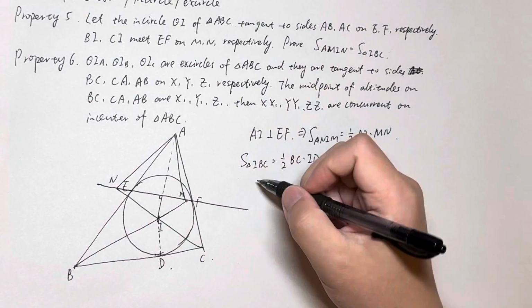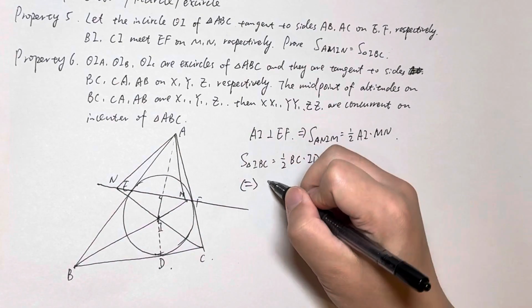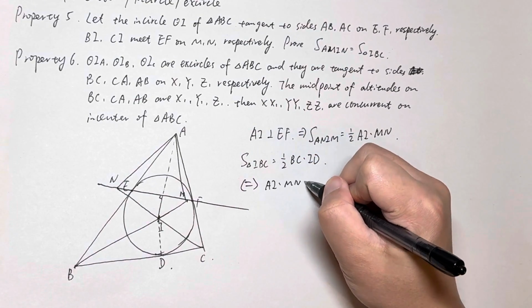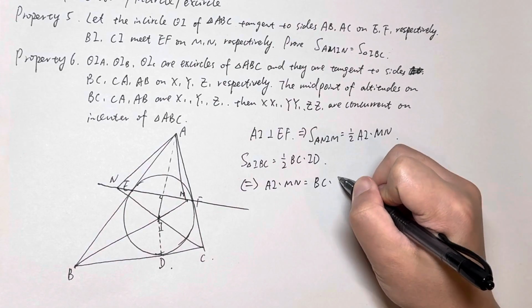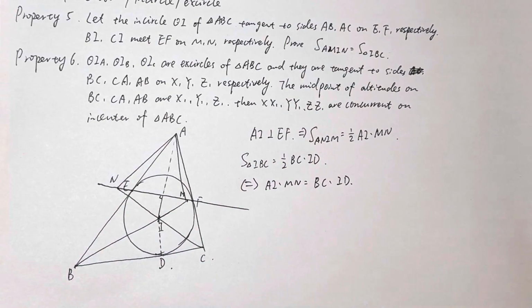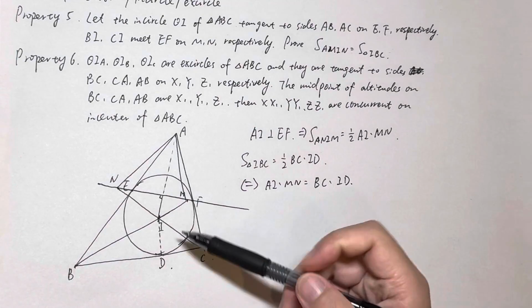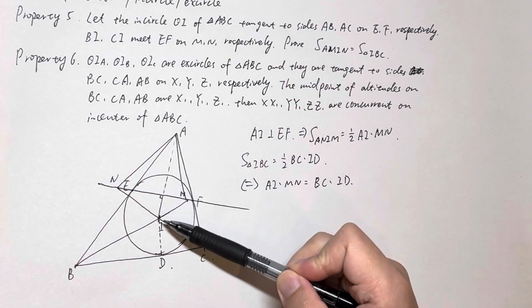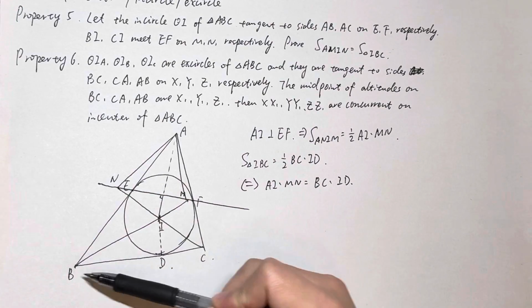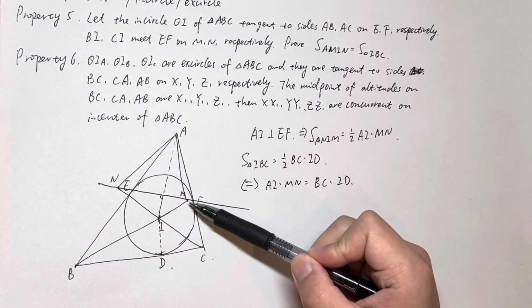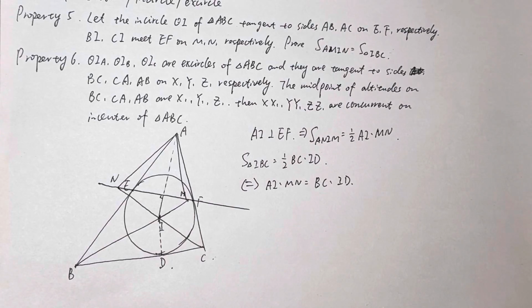We just need to prove that AI times MN equals BC times ID. We just need to prove this one.